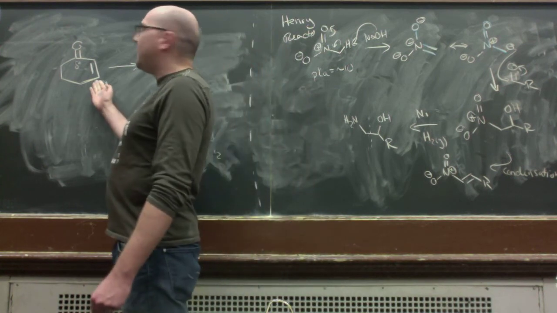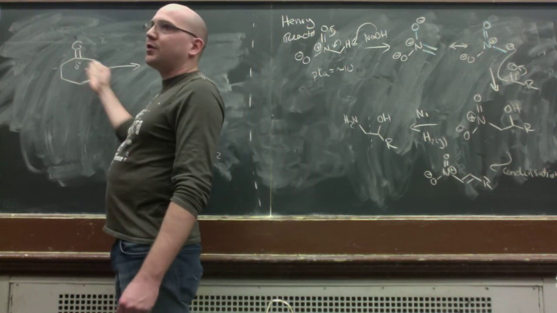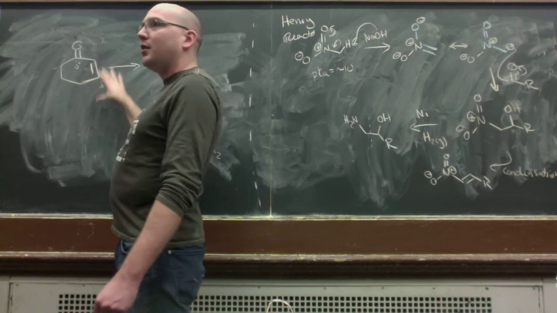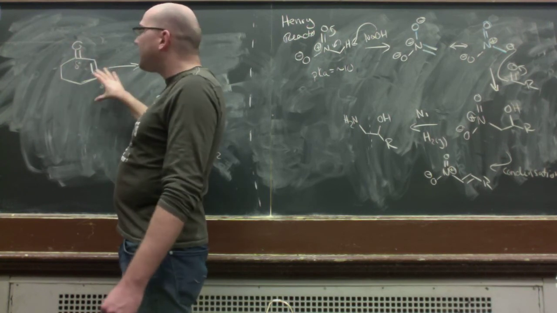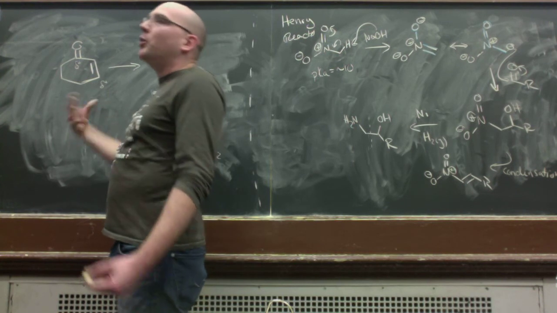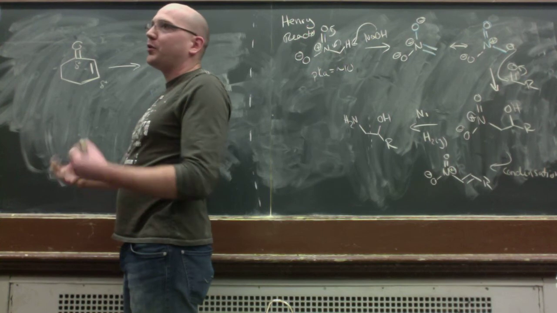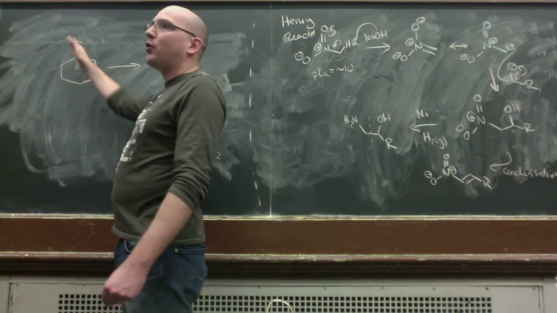But the general idea here is that conjugated systems don't exist as an alkene and a carbonyl. They exist all together. It's a fully conjugated pi system. And there are LUMOs and HOMOs that are associated with these, where those electrons lie within that overall process.